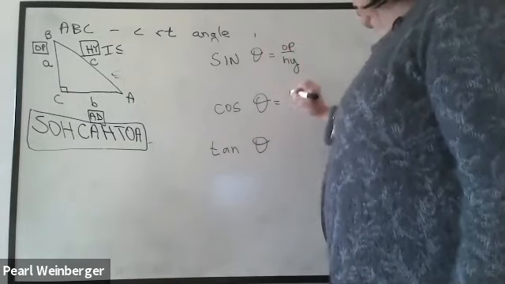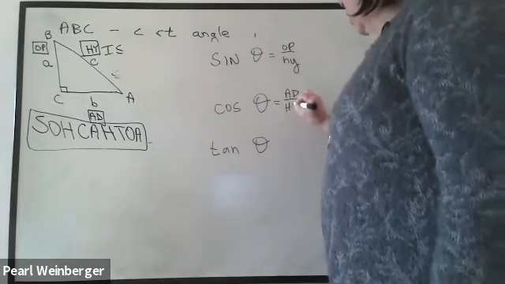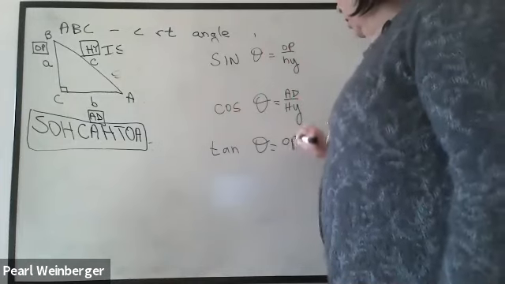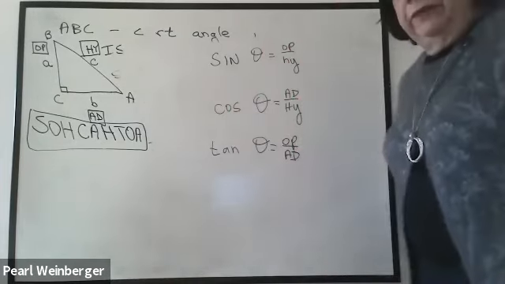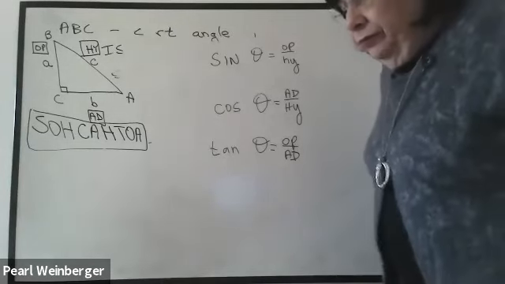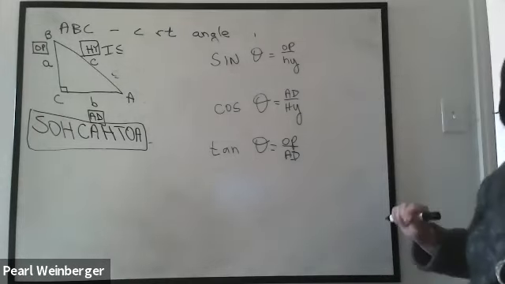The cosine is adjacent over the hypotenuse, and the tangent is opposite over adjacent. Again, each one of these is a ratio of two sides of my right triangle.